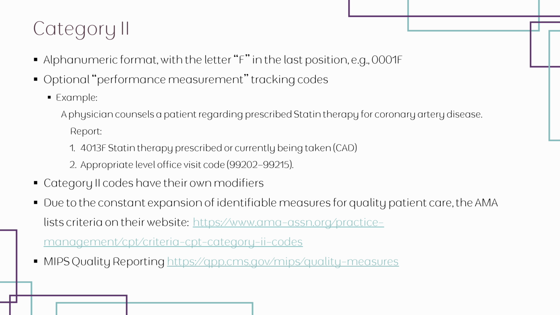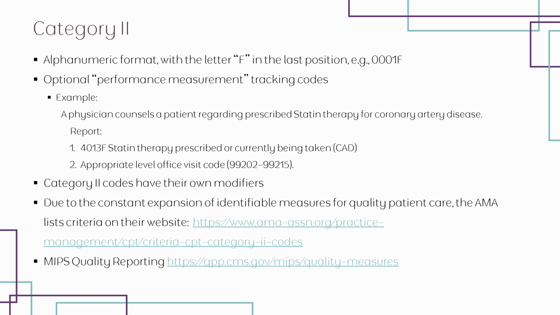There are a few important details to keep in mind when working with your Category 2 codes. First, Category 2 modifiers exist, but they are used exclusively with your Category 2 codes and will be listed in the Category 2 guidelines section of your code book. Second, because healthcare is always evolving, the AMA regularly adds Category 2 codes as additional quality measures are identified.